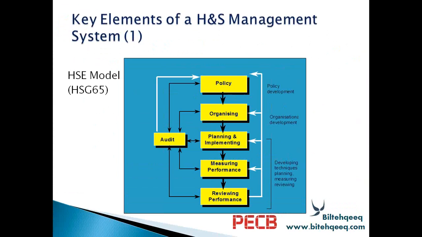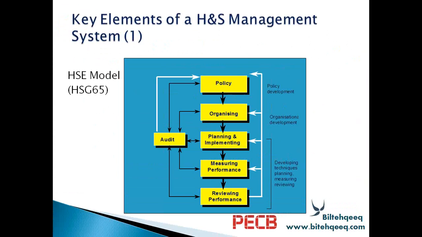And for every element we have a check and balance system through audit. So it starts from the policy and ends with reviewing the performance, and for each element we are performing the audit.